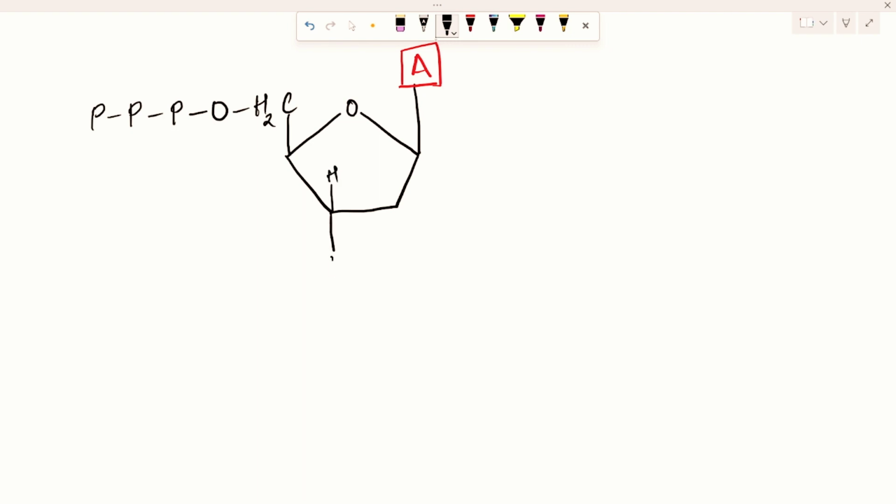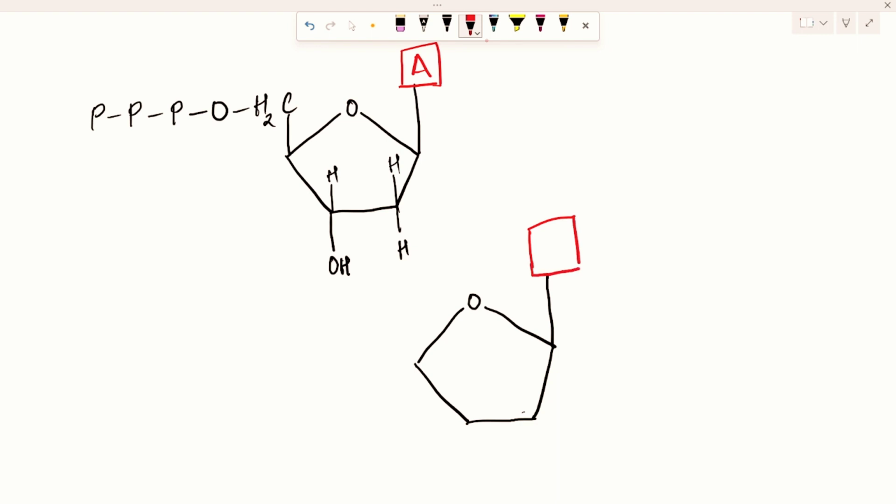The third carbon has H and OH on one side. This is the second carbon. And this is the next nucleotide in line, which has to form a bond with the previous nucleotide. Let's say this is a cytosine nucleotide. This will also have CH2O and 3 phosphates because this is also a nucleotide.